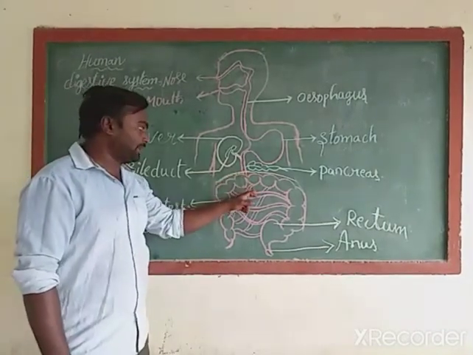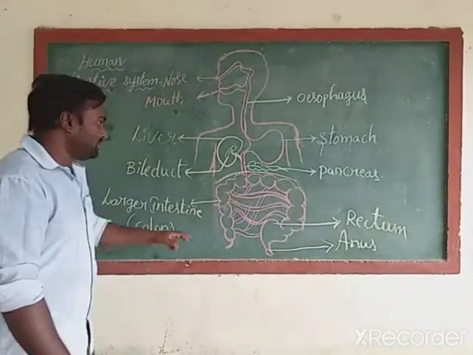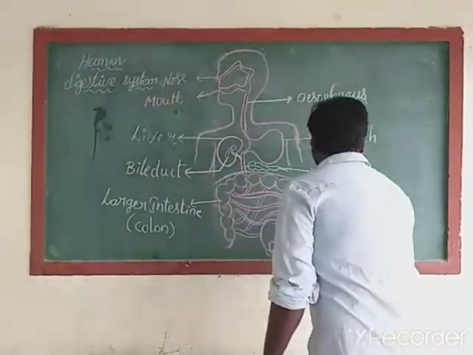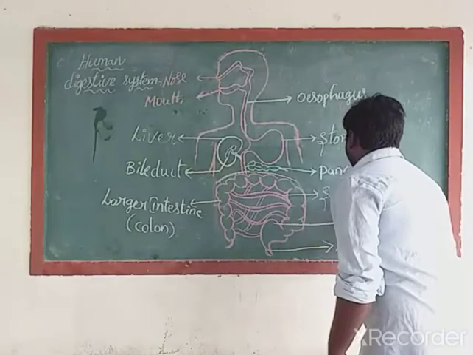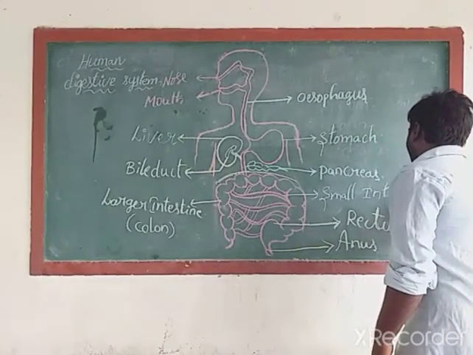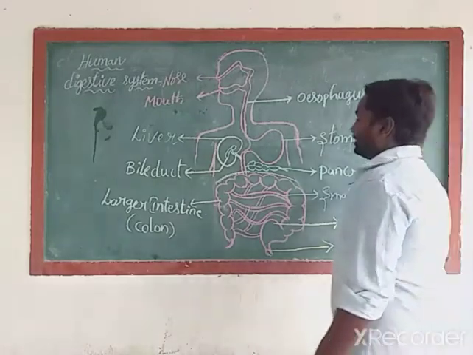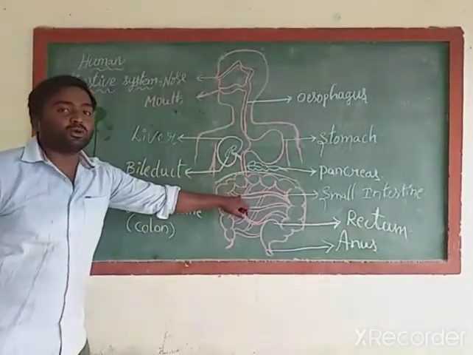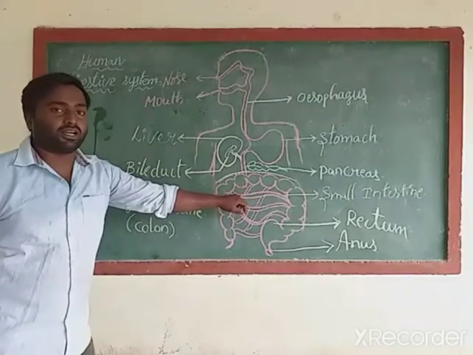Whenever the food materials enter the stomach, what will happen? The stomach sends food materials into this small tube-like structure, the pink color tube. This smaller pink color tube-like structure is called SI. SI means small intestine. This tube-like structure is directly attached to the small intestine.